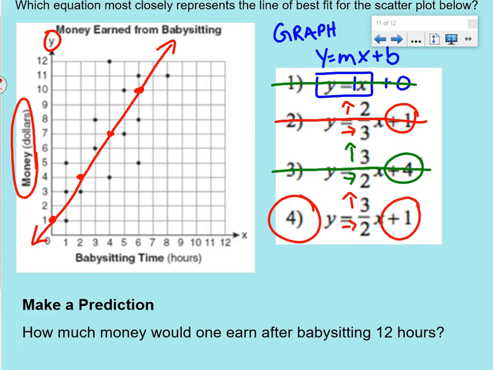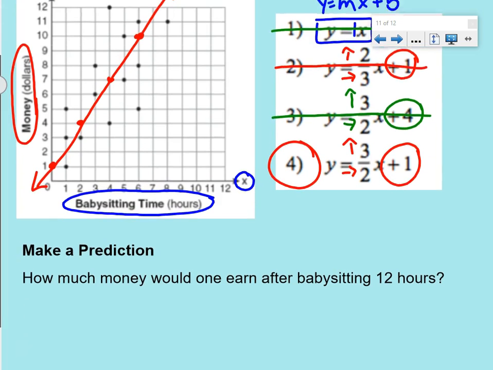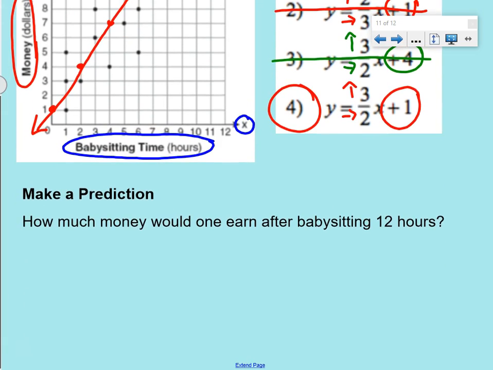So we're saying y is money, and the hours we babysit is on our x-axis. So hours is for x. So if we look down here, how much money? We want to know money. So y equals question mark. We don't know that. That's what we want to know.